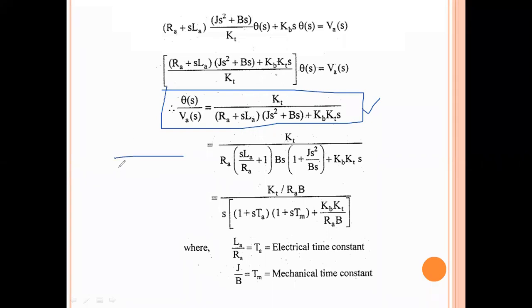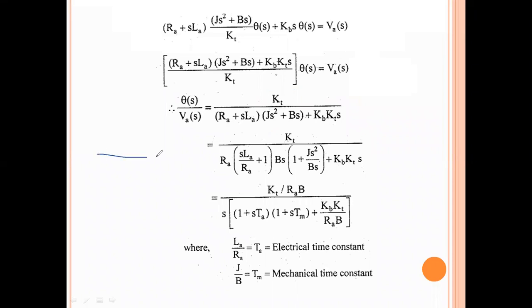Generally, the denominator of the transfer function is represented like this: sorry, not S plus A. In the denominator of the transfer function, generally it is represented as 1 plus S into T1, let us say, into 1 plus S into T2, and so on.